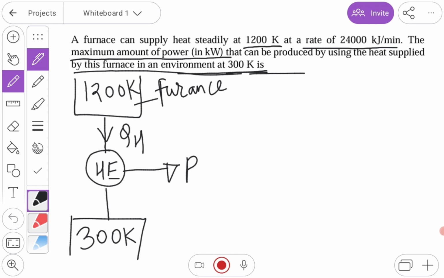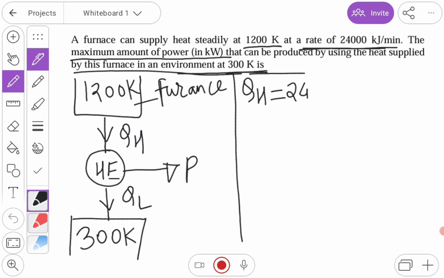And of course there will be some heat rejected to the low temperature body, which is environment. So what is the heat input given by the furnace? QH is the heat input given by the furnace, which is given as 24,000 kilojoule per minute.